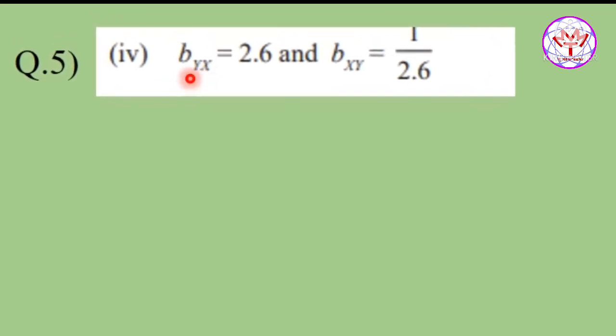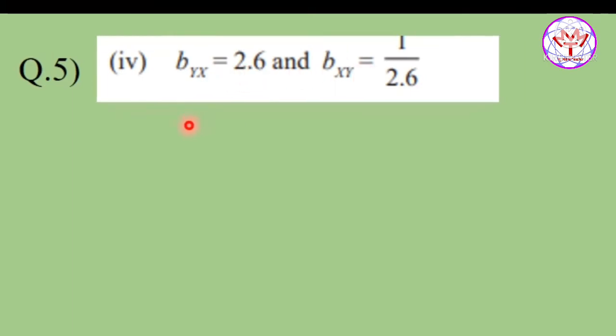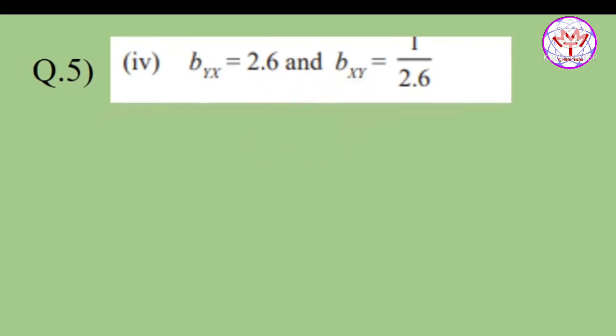The fourth sub question is byx is 2.6 and bxy is equal to 1 upon 2.6. Now students, here you can see that both byx and bxy are positive, and there is also one more property of these coefficients, that one has to be greater than 1 and another has to be less than 1. So even this property is satisfied by the coefficients. Hence the given data is consistent. So let's write.